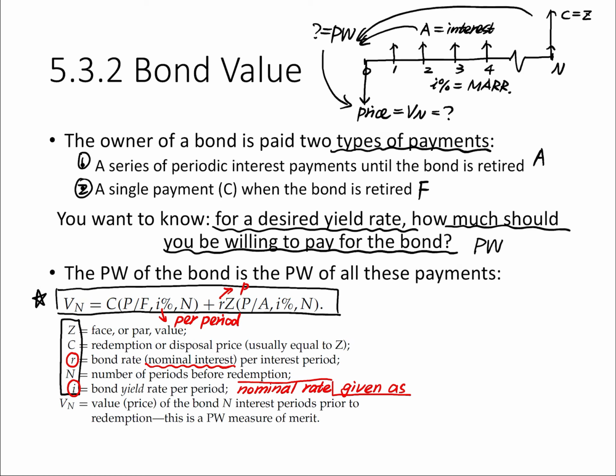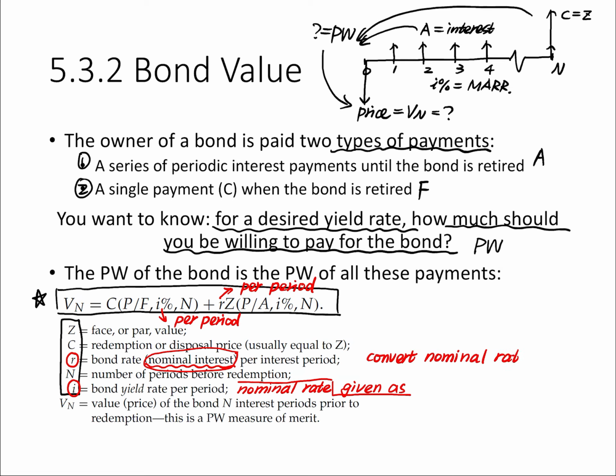So in the equation, the I% should be some percent per period, and the R will also be some percent per period. It's given in the problem as a nominal rate, but in the equation, you want to use it as interest rate per period.